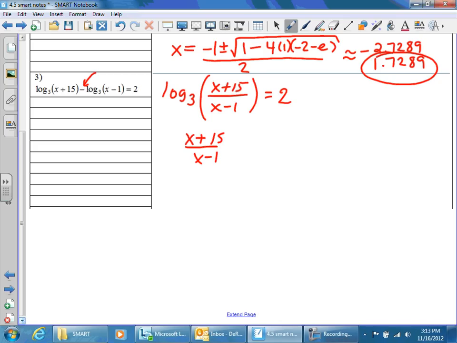So this has to be a really big uppercut to get all the way over to the 2. But I get something like this. And I'm going to write that over 1 so I know that I can cross multiply. And I just rewrote 3 squared as 9.